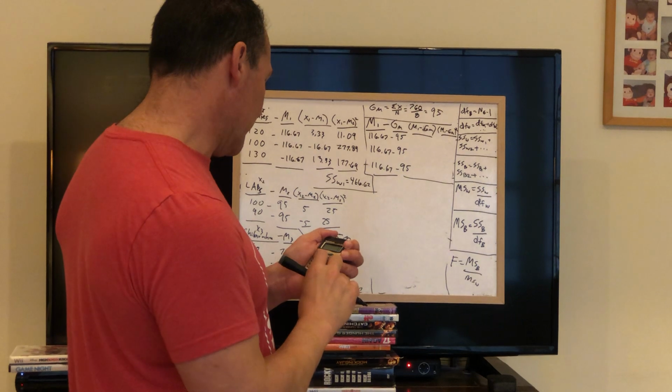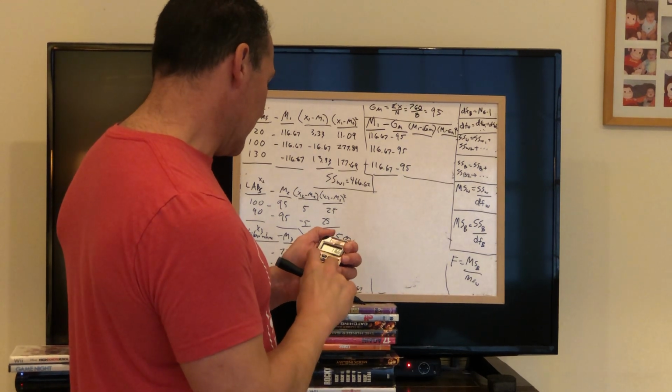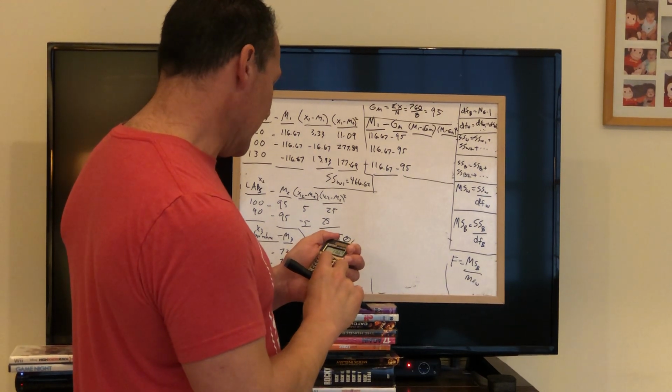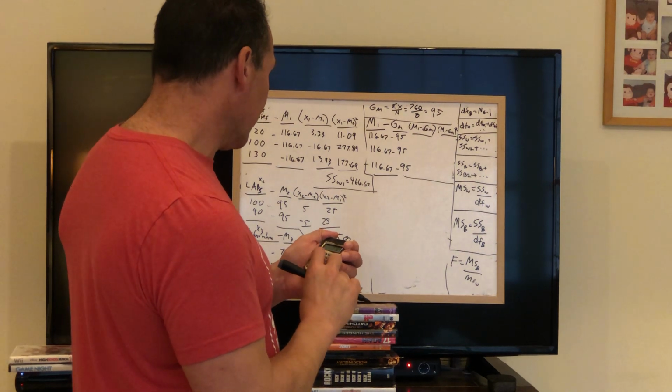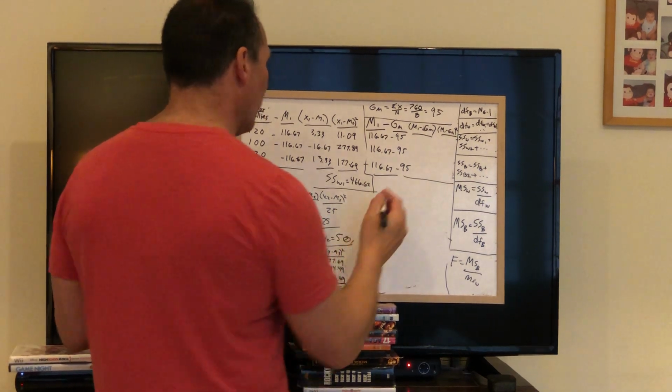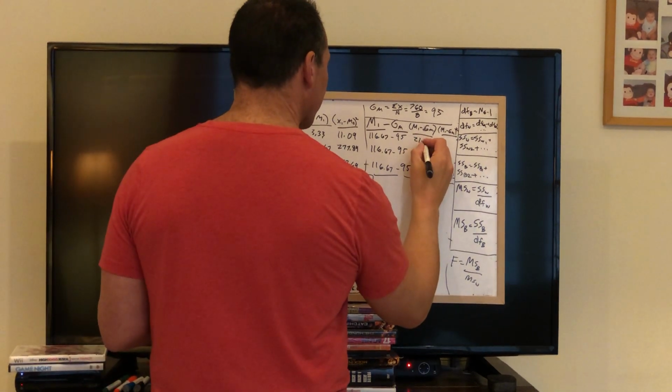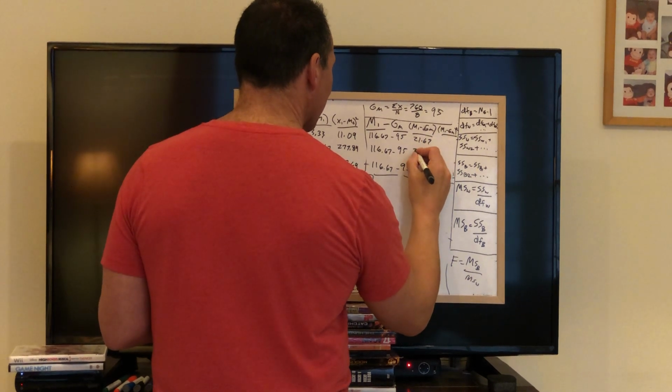So 116.67 minus 95. Okay, so that equals 21.67. I can write that 3 times now.